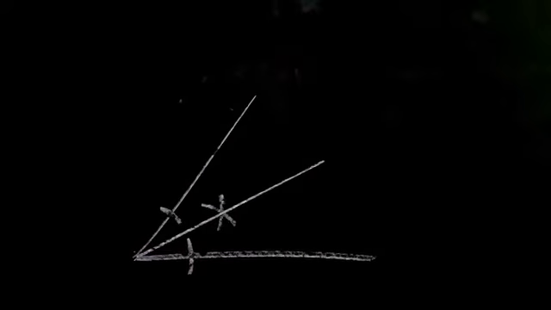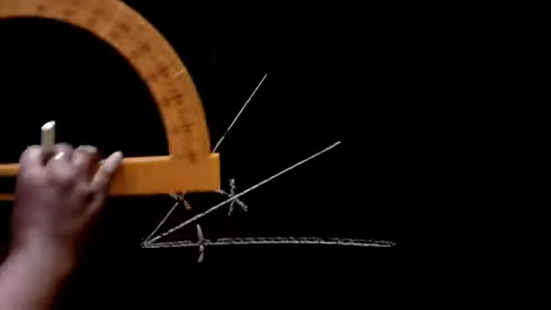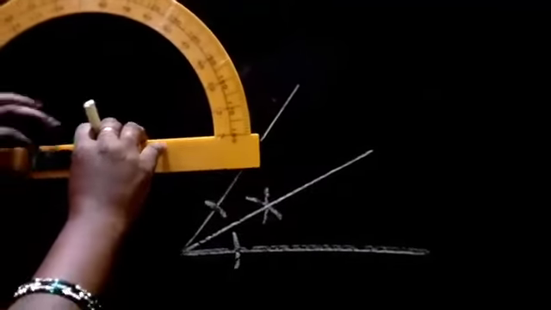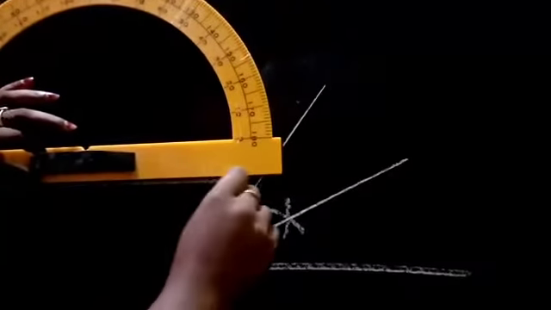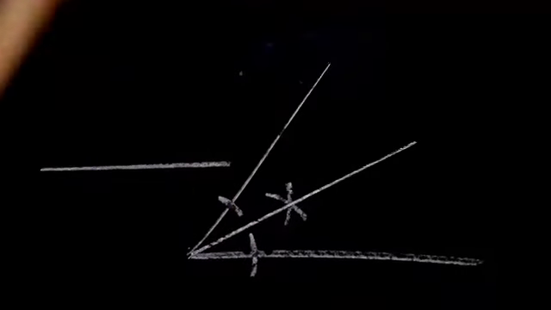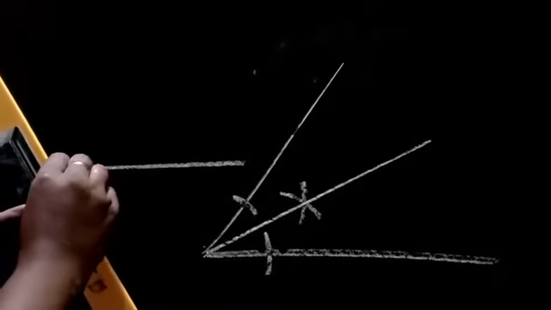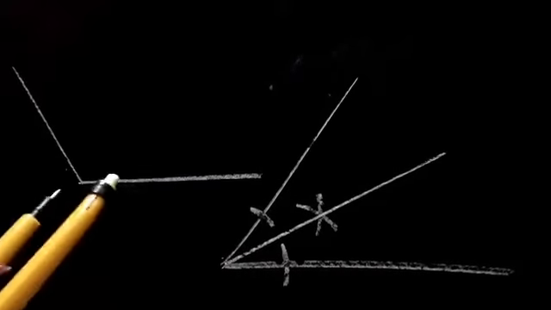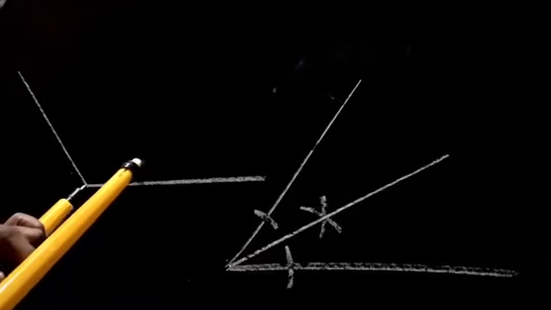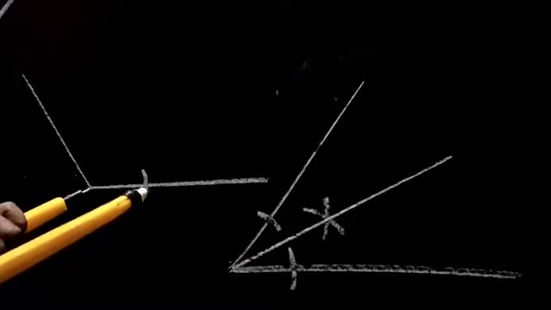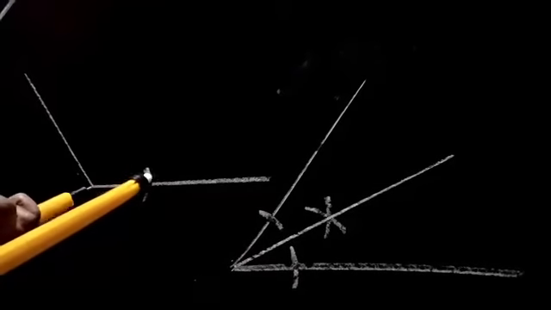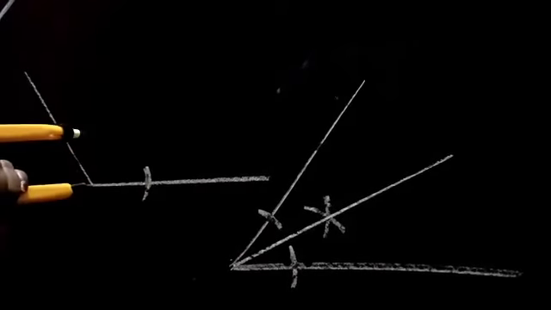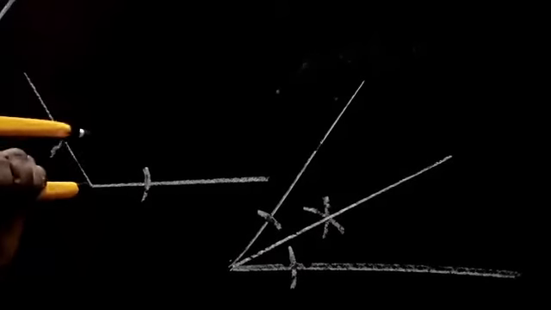Any other angle, let it be any other angle. An obtuse angle also we can measure like that. What is the procedure? First we have to take some measurement. The same thing we have to draw for the two lines also.